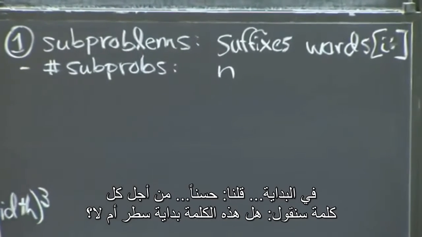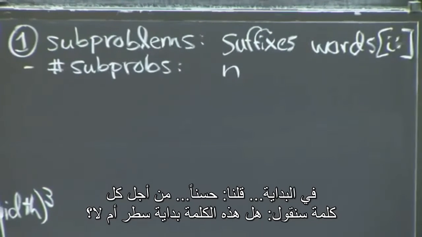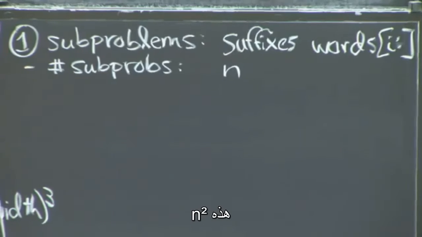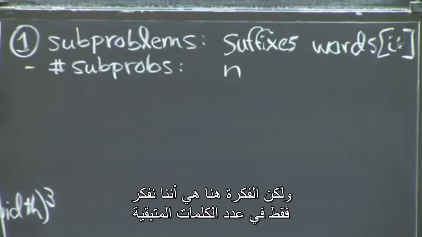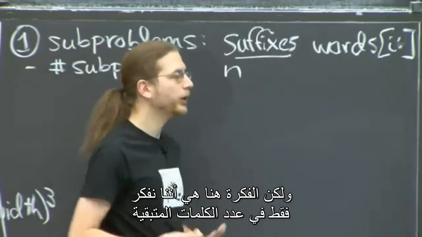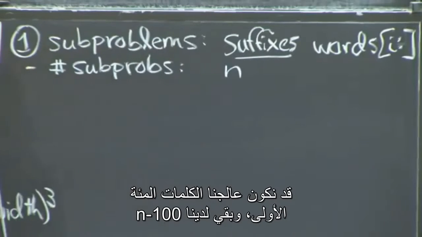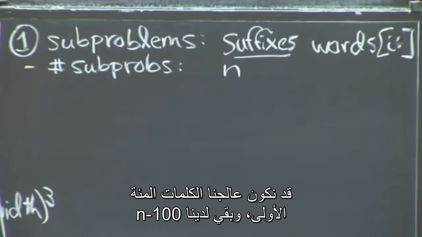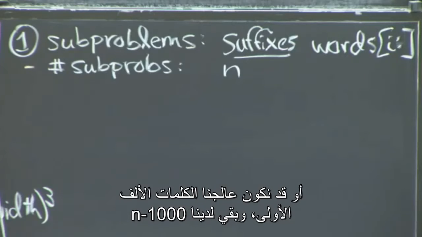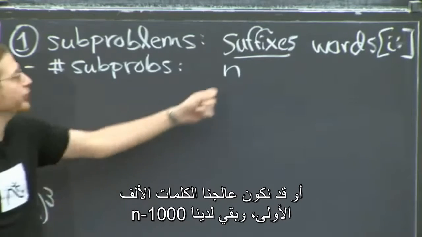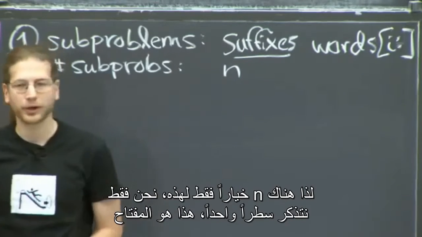Originally, we said, OK, for every word, we're going to say, is this in or out? Is this the beginning or not? That's 2 to the n. But here, the idea is we're only thinking about what the words that remain are. And it could be you've dealt with the first 100 words, and then you've got n minus 100 left. Or it could be you've dealt with the first 1,000 words, and you've got n minus 1,000. There's only n choices for that.